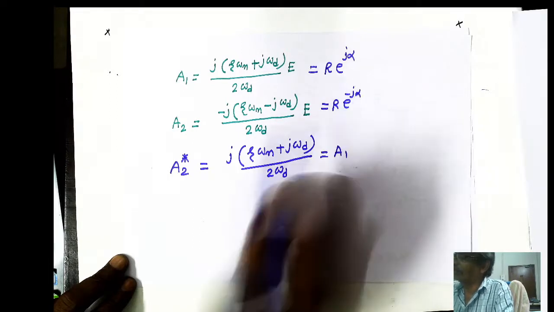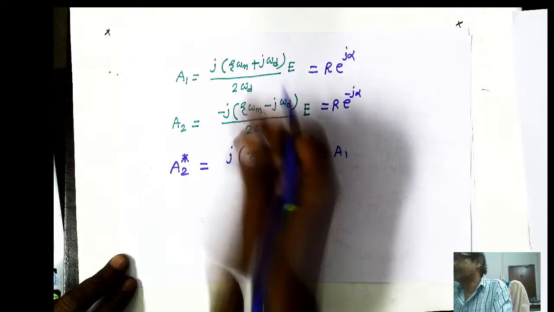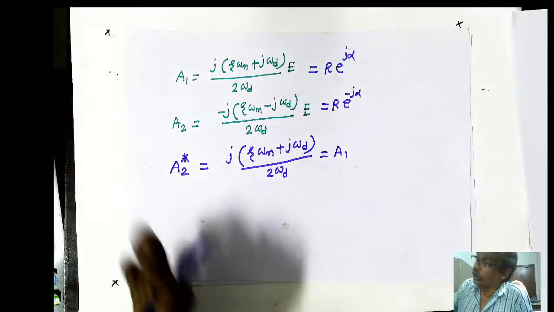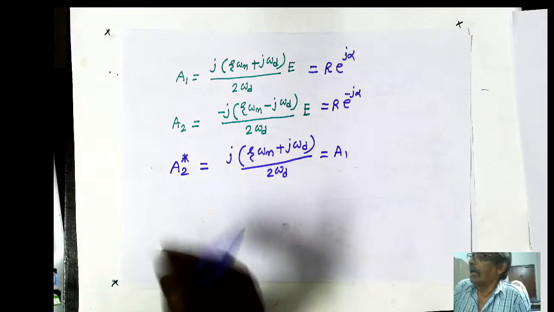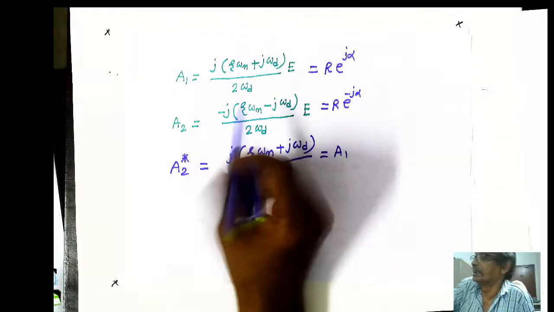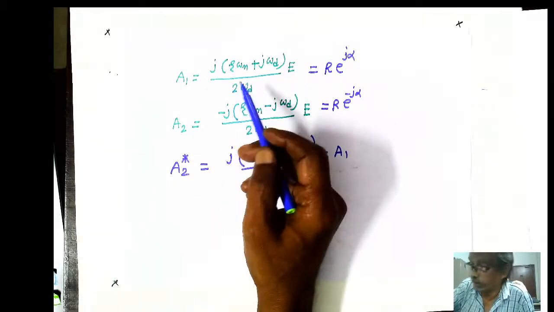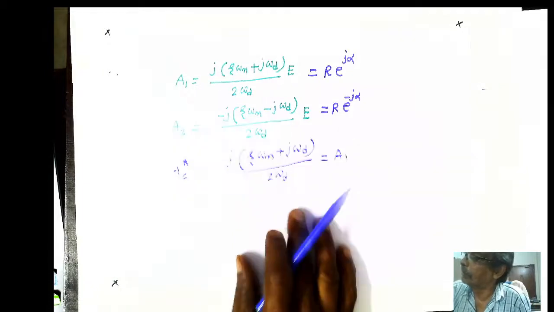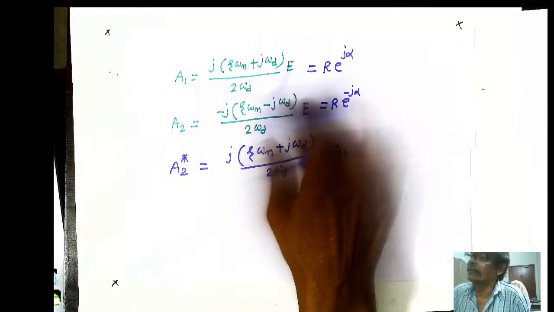Got the point? After I noted that point, that the other constant A2, its conjugate, is nothing but A1, and A1 is a complex number, which here is represented in rectangular form. So if I wish, I will be able to compute it with this.